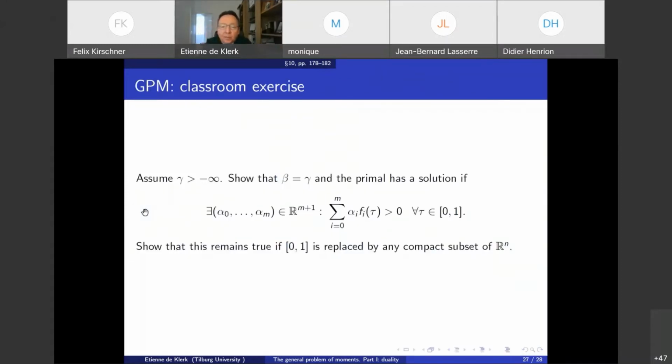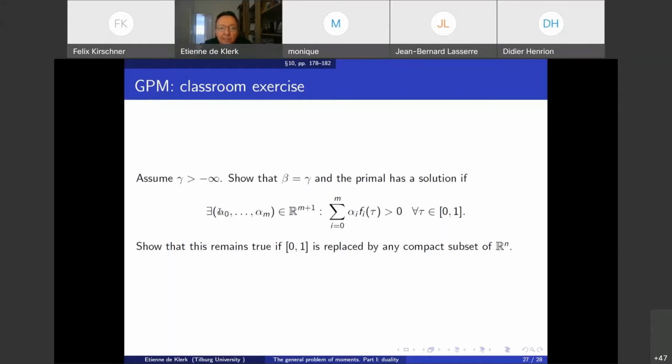So the exercise for the participants is just to repeat this argument that we had for semidefinite programming to derive a sufficient condition for strong duality. Basically, if we assume again that there's a primal feasible plan, and also gamma is finite, so the primal is feasible but not unbounded, then we have strong duality and the existence of a primal solution from the strong duality theorem if the following condition holds.